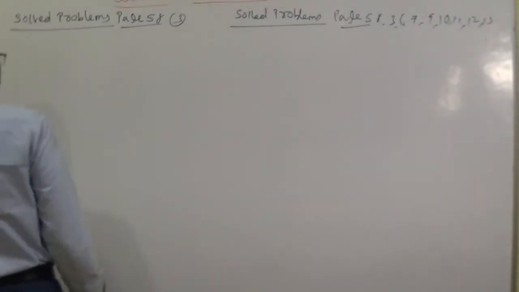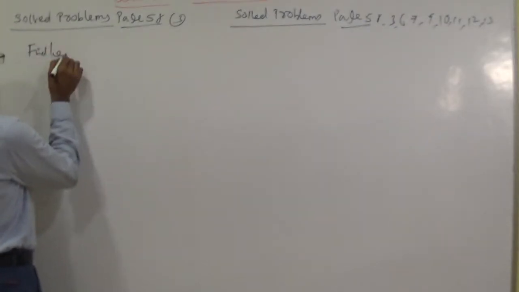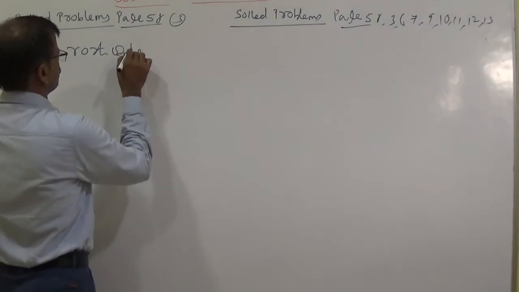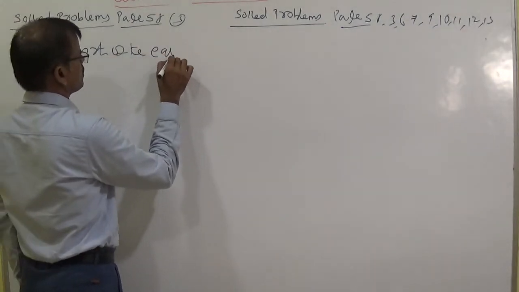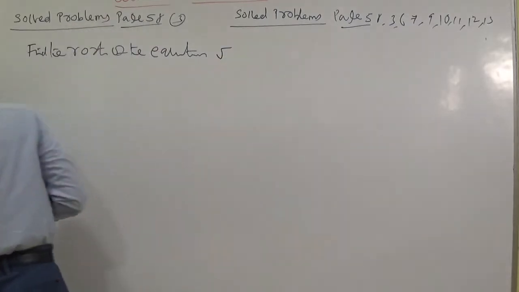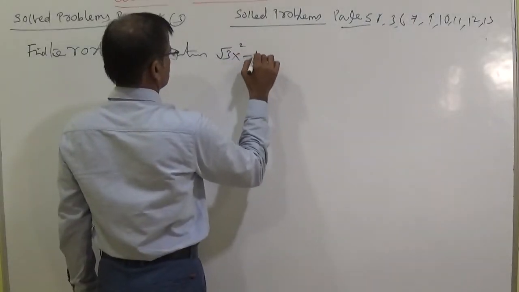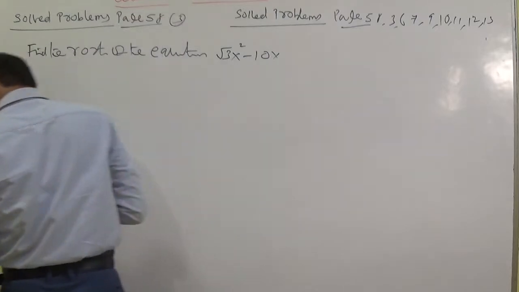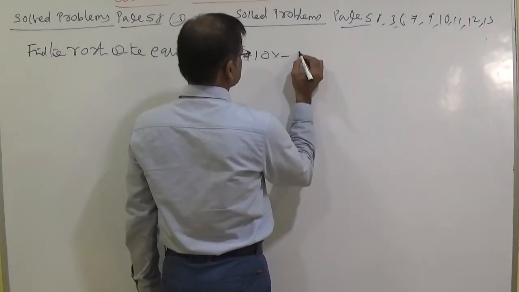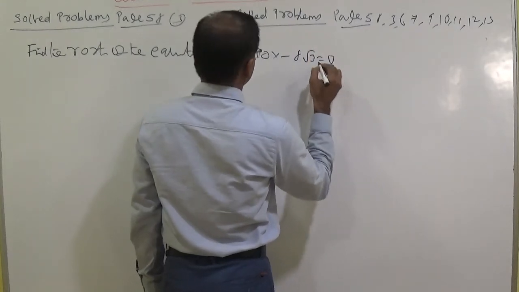Find the roots of the equation. Root 3x square plus 10x minus 8 root 3 equal to 0.